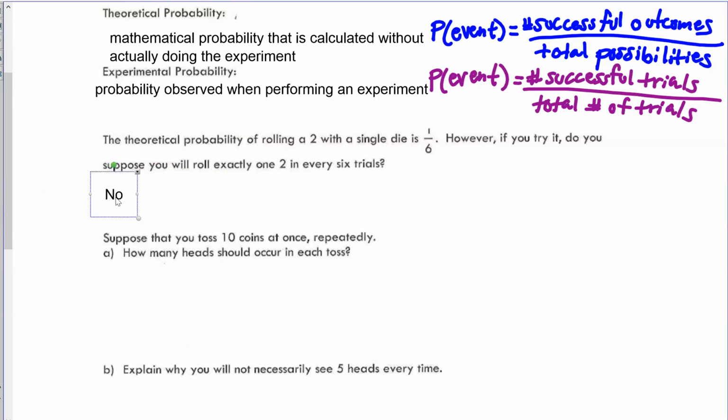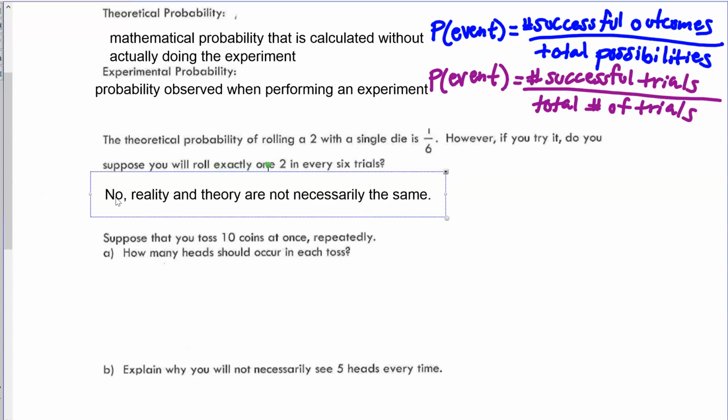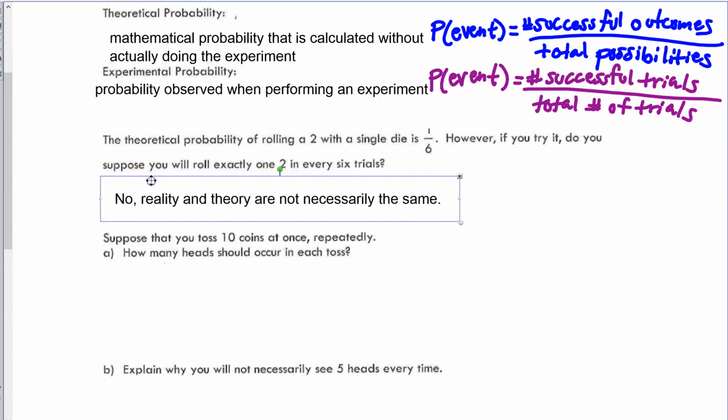So no, reality and theory are not necessarily the same. Like, you could, but probably not, because when you're doing things in reality, it's not actually what it should be all the time.